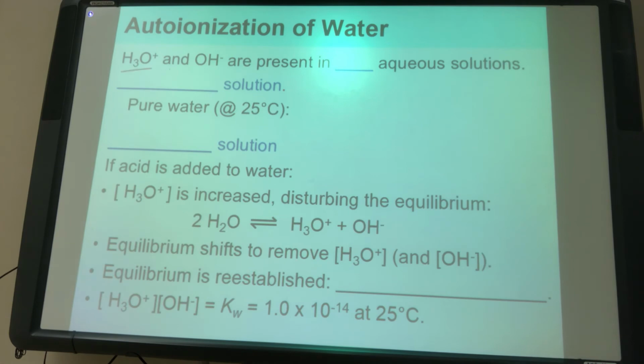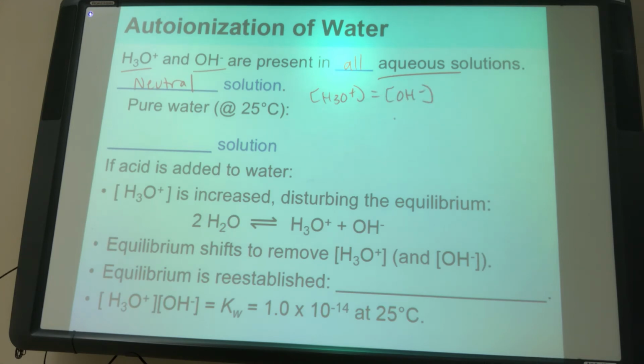So H3O+ and OH- are present in all aqueous solutions because the water itself is going to create ions. Not that much, but something. Okay, so I have some options. I could either be neutral, acidic, or basic. If I'm neutral, then the amount of my acid ion has to be equal to the amount of my base ion.